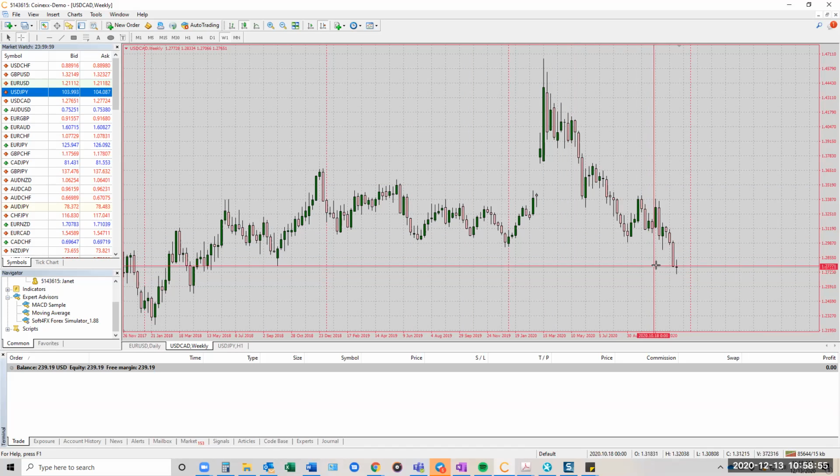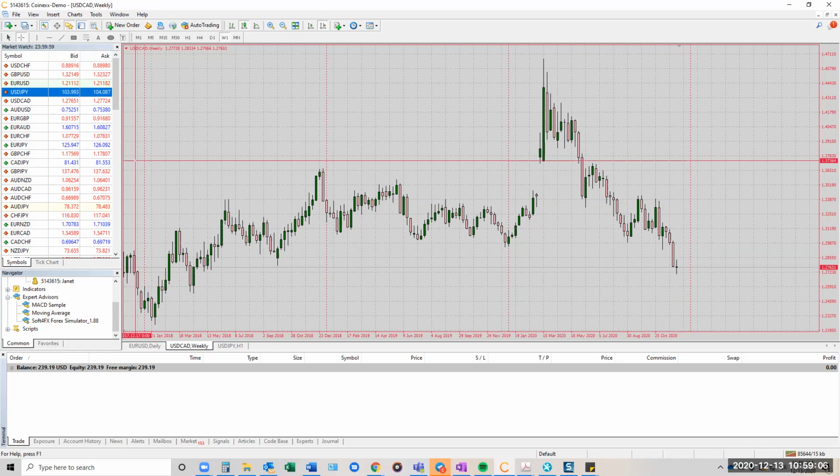Okay, looking for something lower than where the market closed. And it's really far over here. I'm just going to drop a line in here just to get something on the chart.